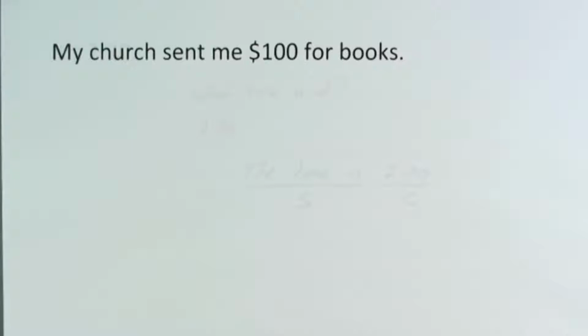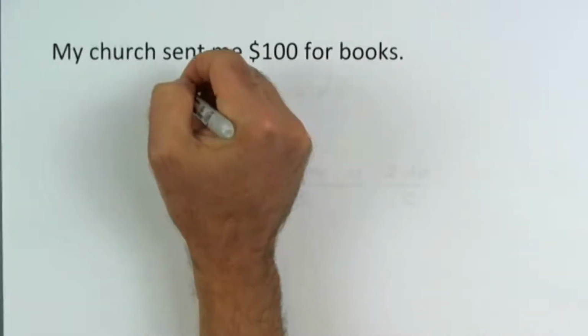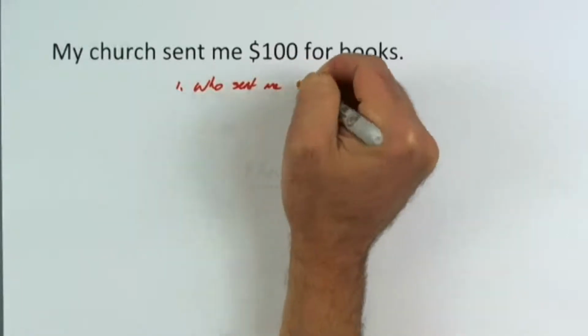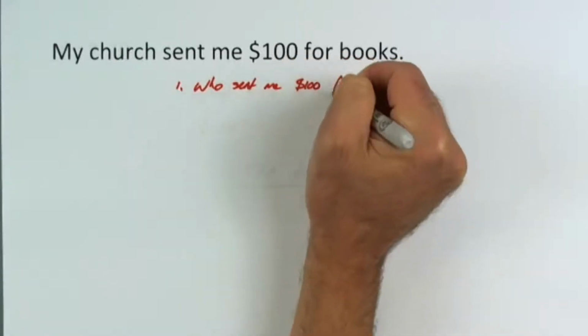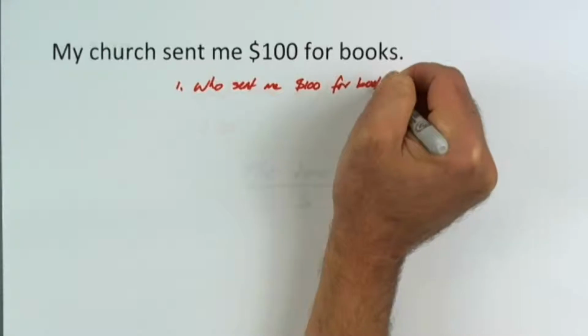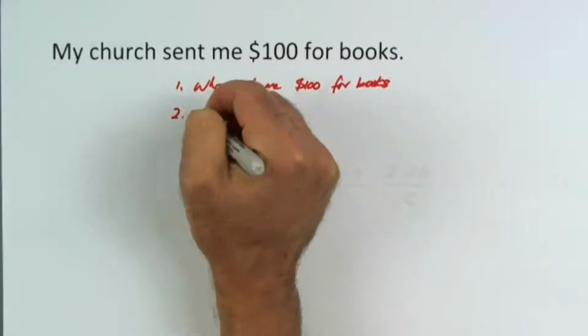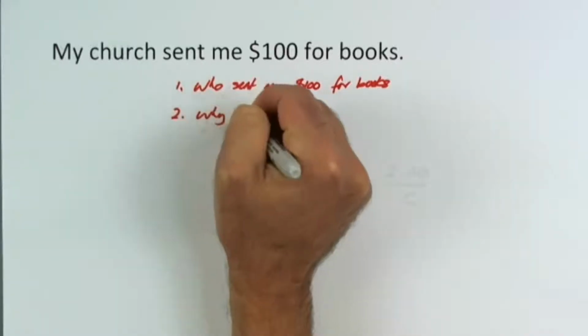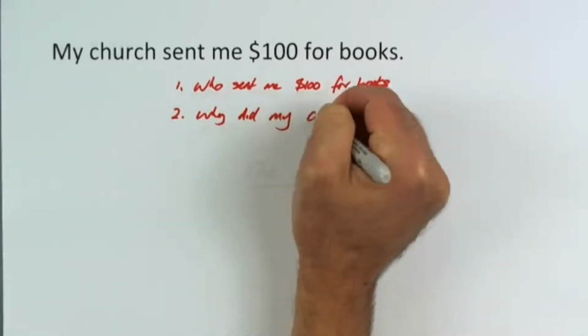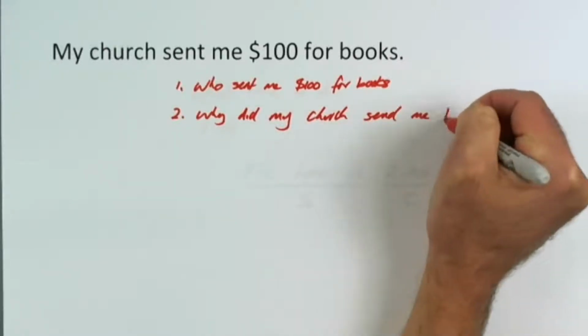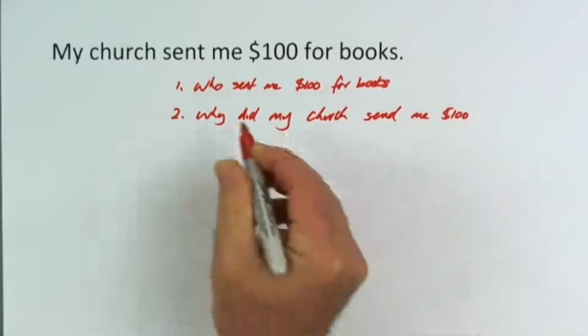And so if you think about what questions that statement is answering, there's actually a number of questions it's answering. So for instance, one, who sent me $100 for books? Number two, why did my church send me $100?